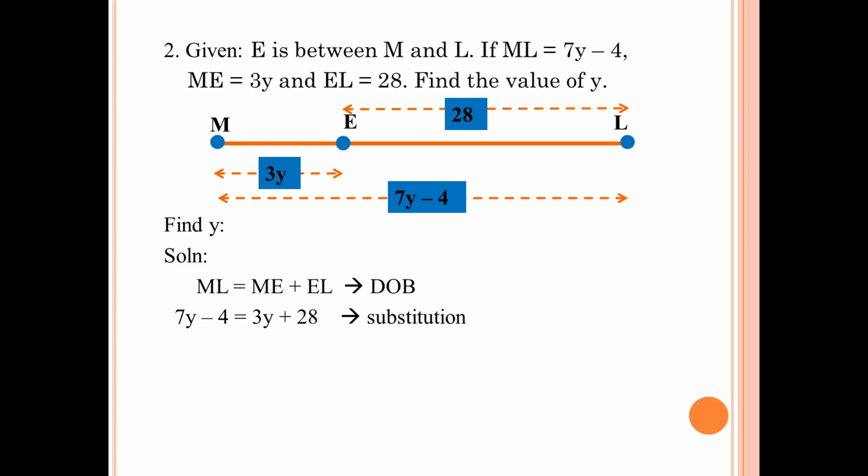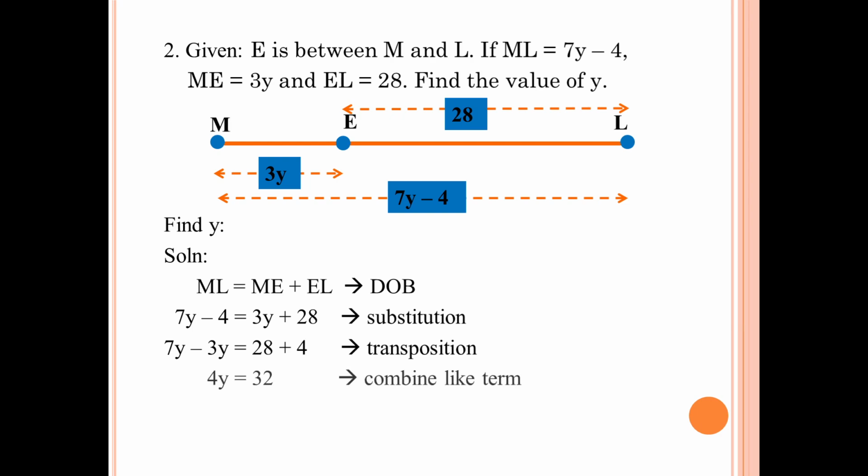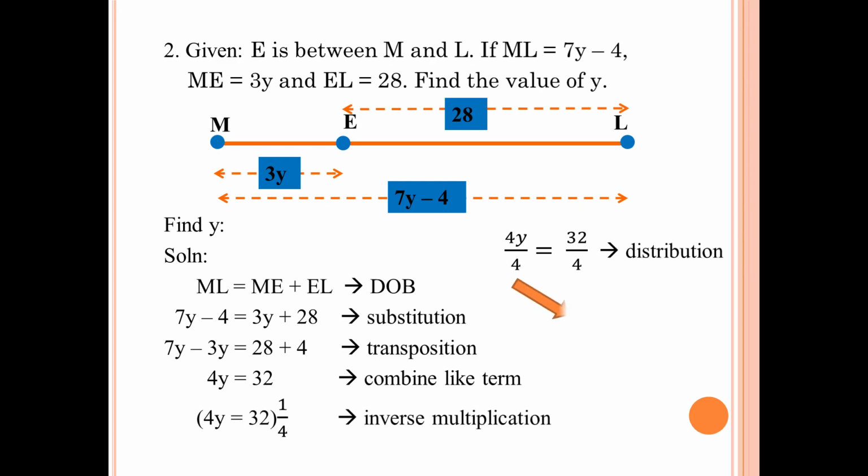Negative 4 to the other side, it becomes positive 4. So we have 7y minus 3y equals 28 plus 4. We can add variable to variable and constant to constant. So we have 4y equals 32. Then we're going to multiply the whole equation by the inverse of 4, which is 1/4, distribute it, and we're able to find the value of y, which is 8.